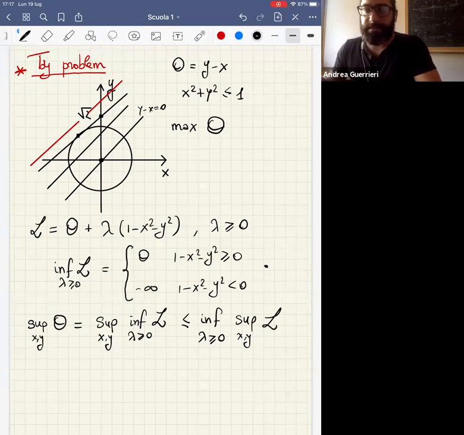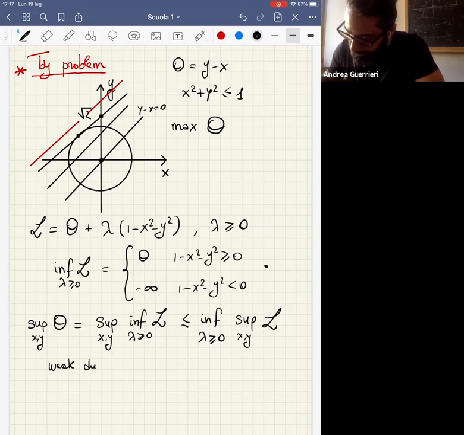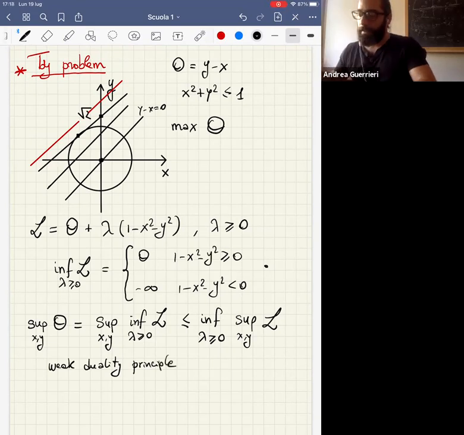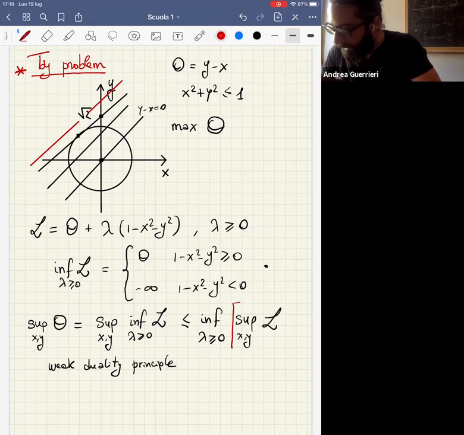This last inequality is the core of what is called the weak duality principle. Because we can do the following. We define this unconstrained sup of the Lagrangian as a function called d of lambda, which will be the dual function.